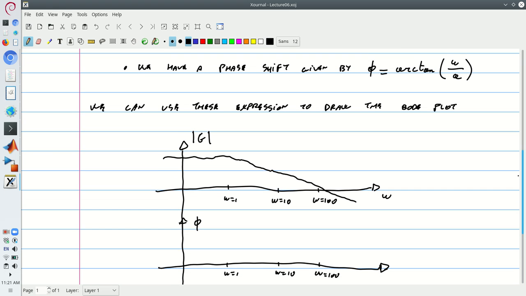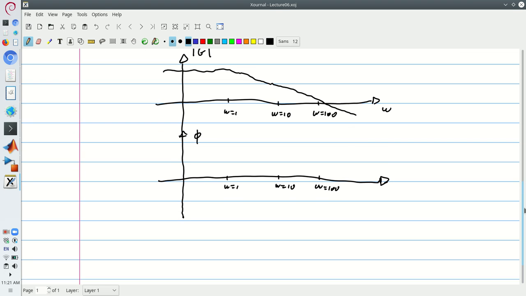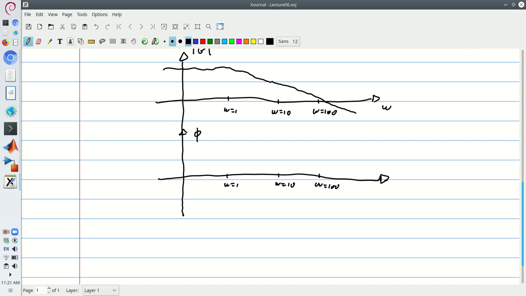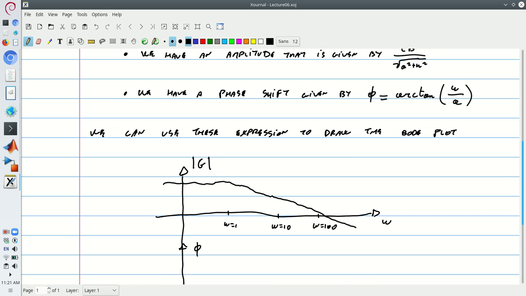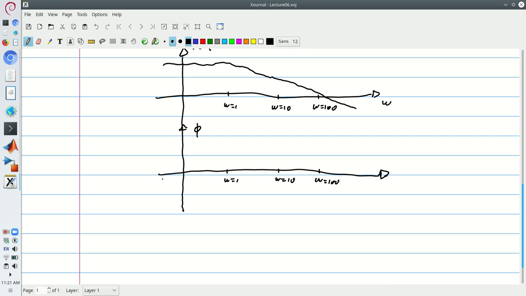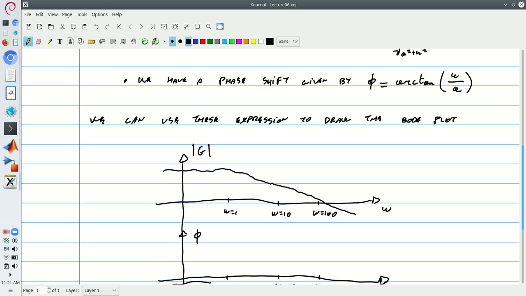When omega is very close to 0, the arctan of 0 is 0, slightly negative because we are assuming that A is negative, so it's going to be like this. And then at a certain point, when omega is very, very large, then this arctan is going to be the arctan of minus infinity. Remember that A is negative, so when omega goes to plus infinity, omega divided by A goes to minus infinity, so it's going to be minus pi divided by 2.